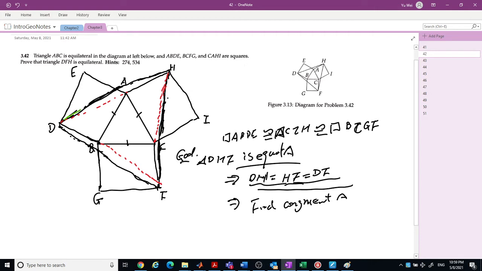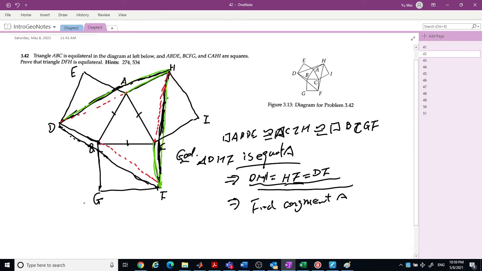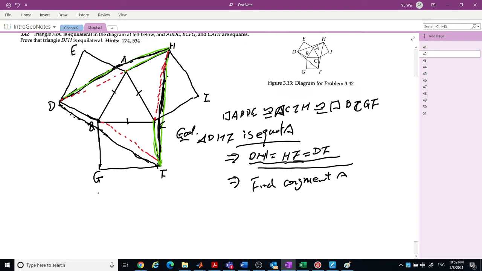If I draw a triangle of this and another triangle of this, I will prove that triangle DHA is congruent to triangle HFC.